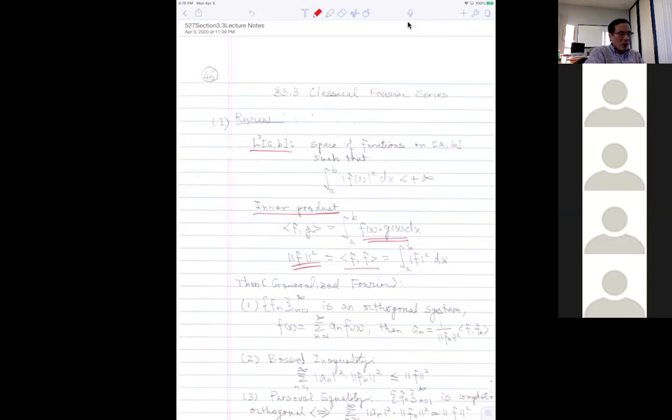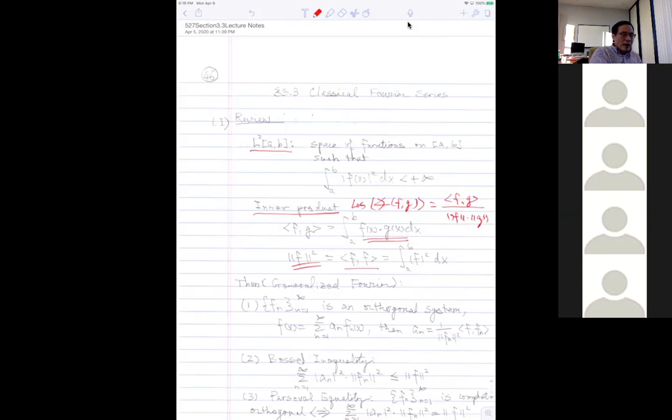And the angle between these two functions f and g is defined as the cosine of the angle equal to the inner product of f and g, as in your linear algebra, over the norm of f times the norm of g.